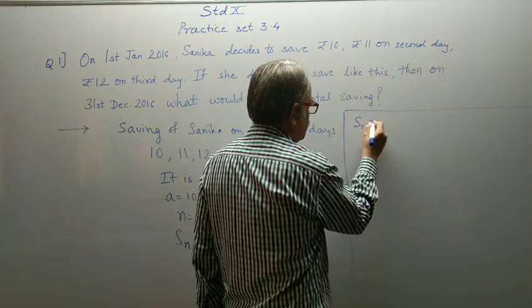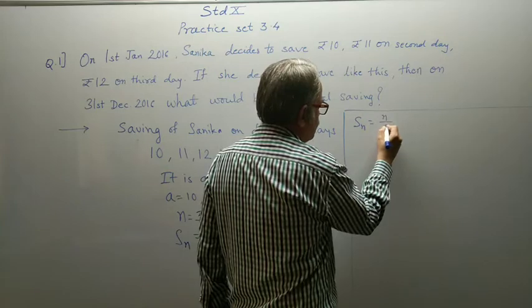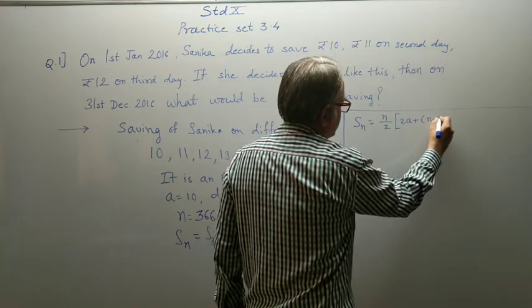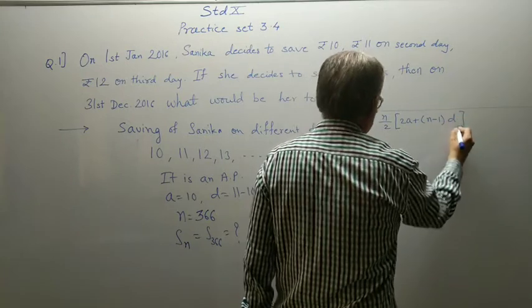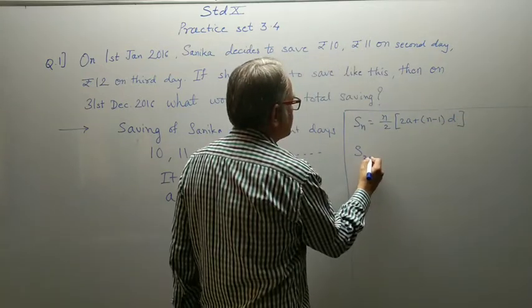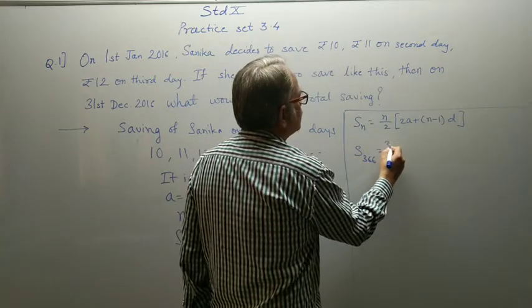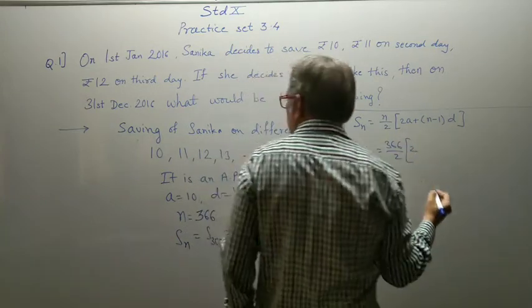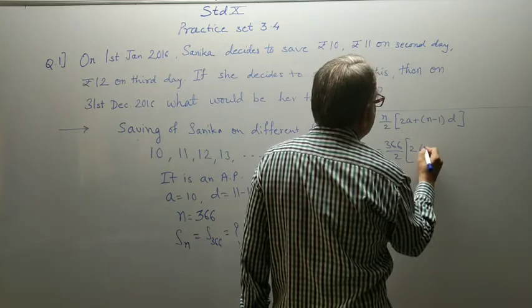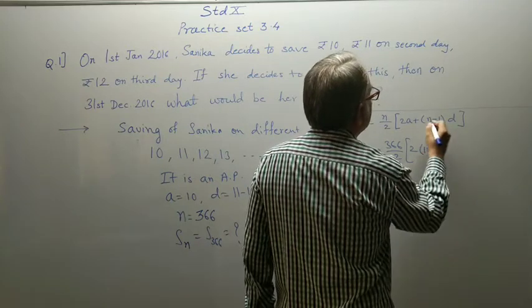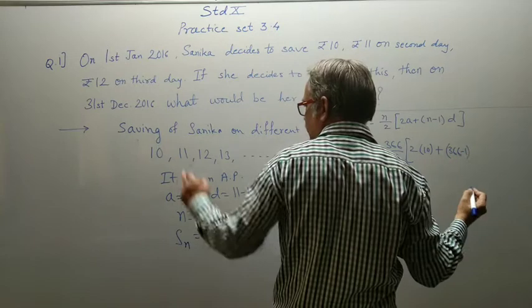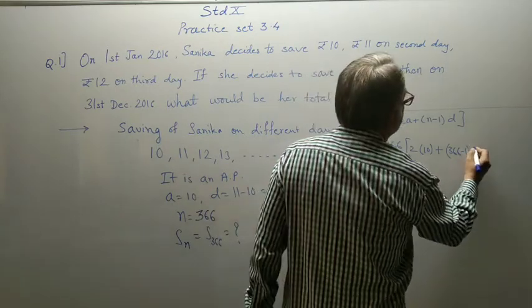SN is equal to N by 2 bracket 2A plus N minus 1 into D. Therefore S366 is equal to 366 upon 2 into, what is A value? 10 plus N minus 1 is 366 minus 1 into D value is 1.